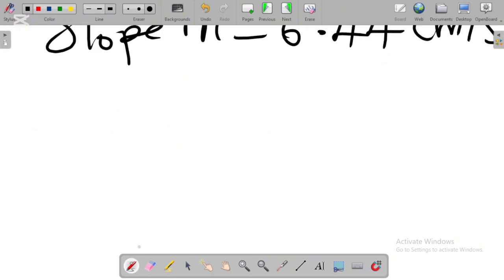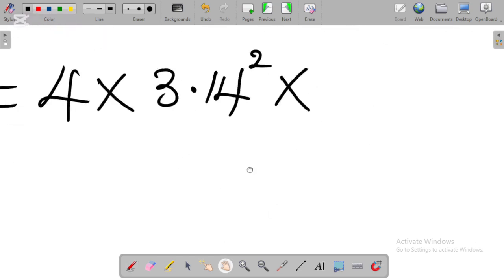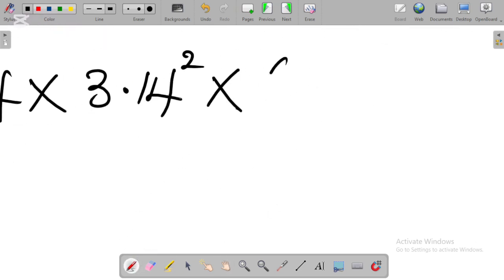So at this point, we are going to substitute the value of slope. So G is equal to 4 multiplied by, what's pi? Pi is 3.14, and raised to power 2, multiplied by what's the value of our slope? 6.44.